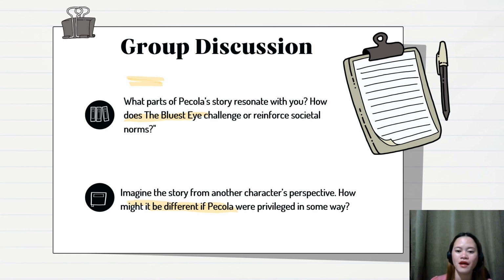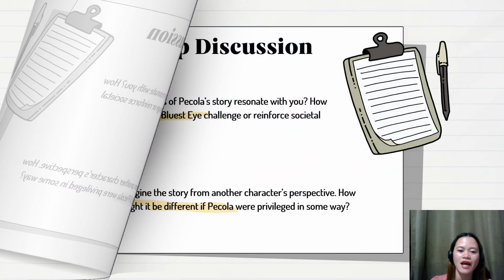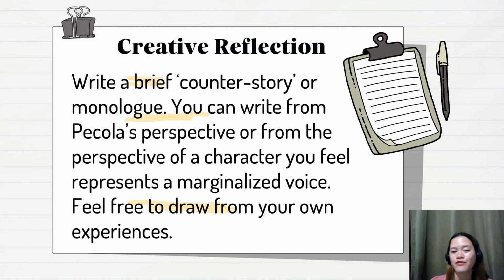Okay, time's up. Can I have the representative from group 1? Representative from groups 2, 3, 4, and 5. Okay, thank you so much for sharing your answers. That's good. And now let's have the creative reflection. You're going to write a brief counter story or monologue.